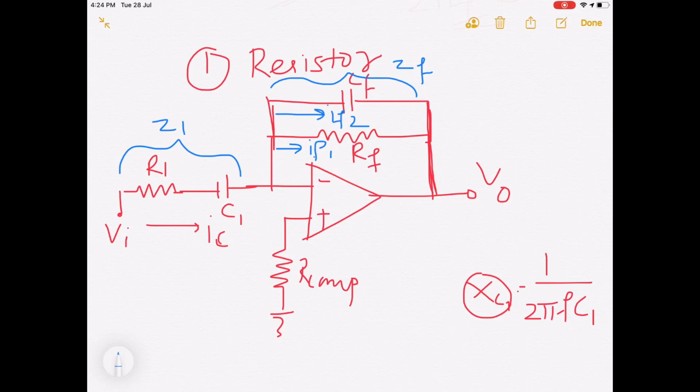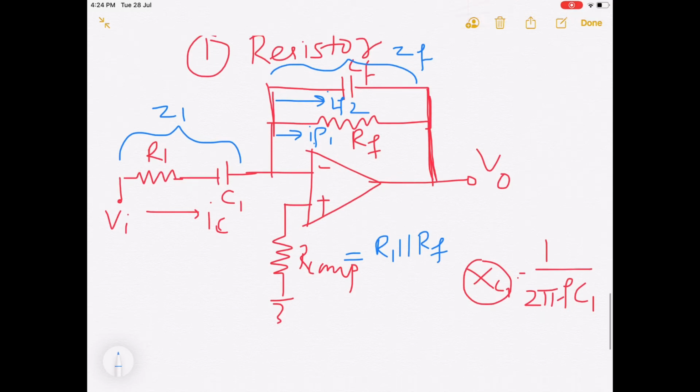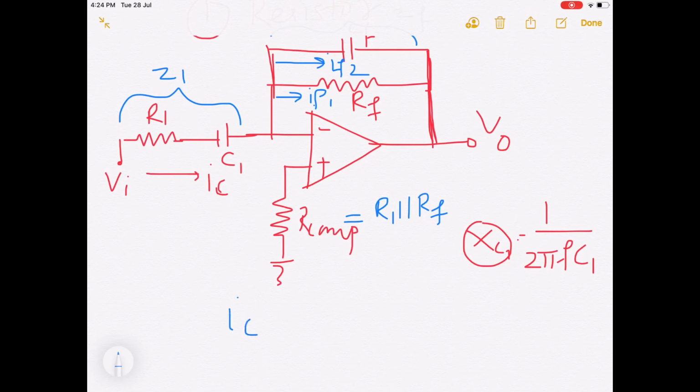Okay, and R compensation is nothing but R1 parallel Rf. Okay, so these are the main points in the practical differentiator circuit. Now the input current IC can be written as IC is equal to what? Vi minus Va.